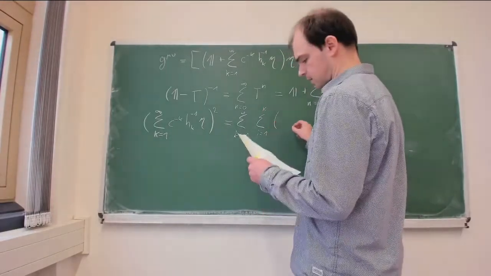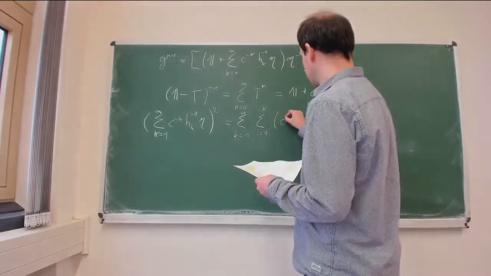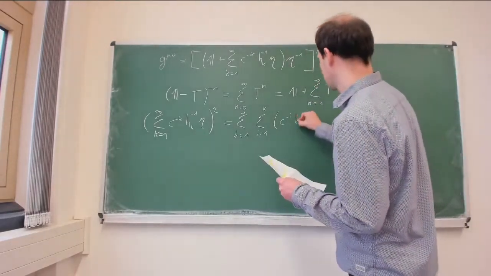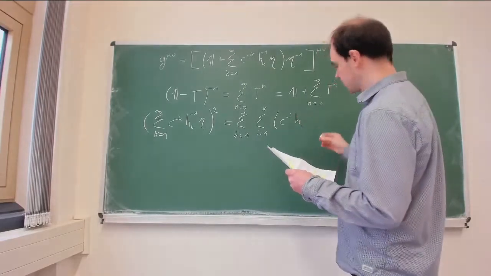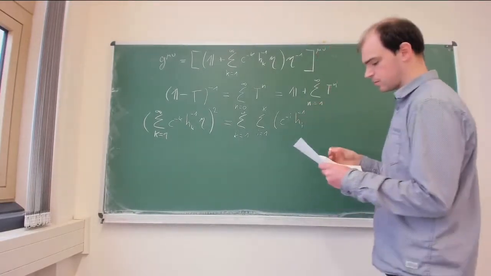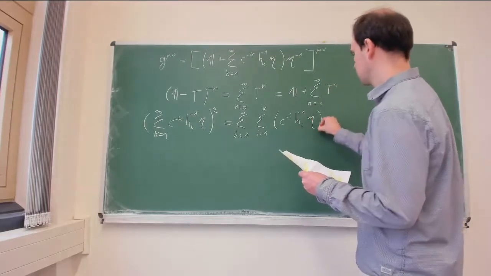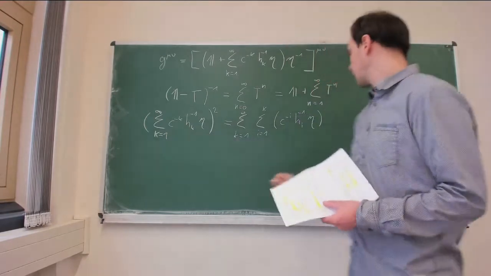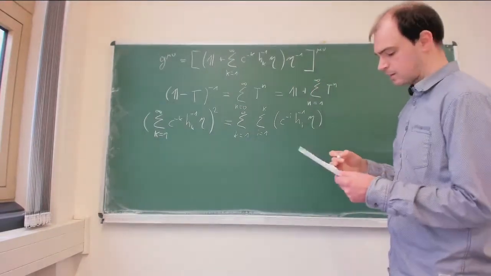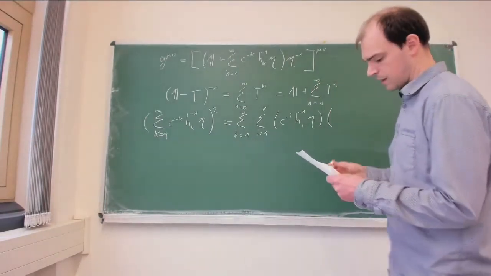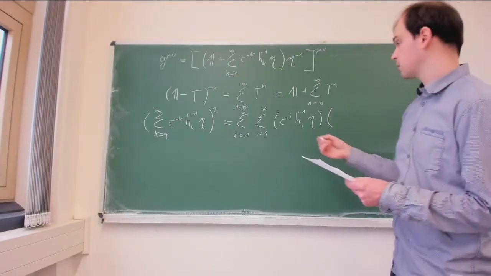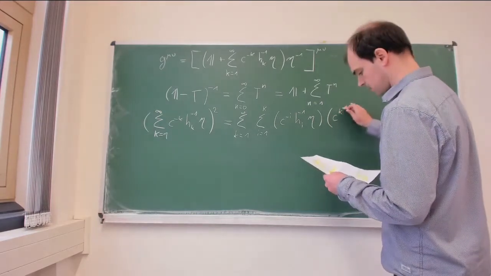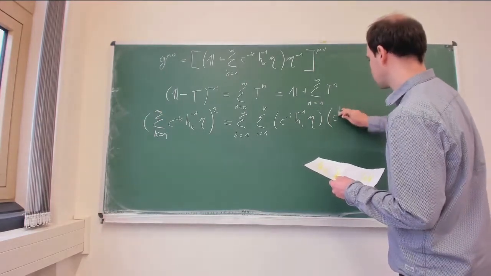And then you get the coefficients c to the power minus i, hi to the power minus 1, eta, so that's the coefficient in the series at value i, and you get the same but evaluated at k minus i. So this gives you c to the power i minus k.